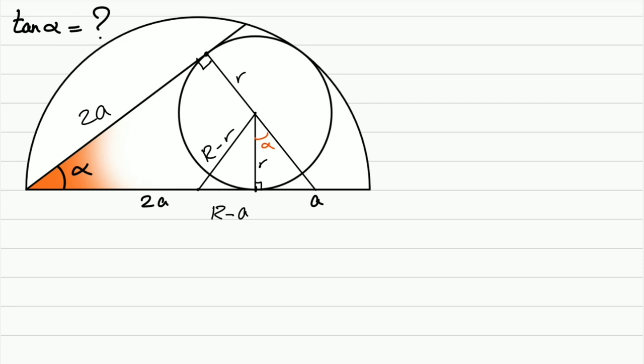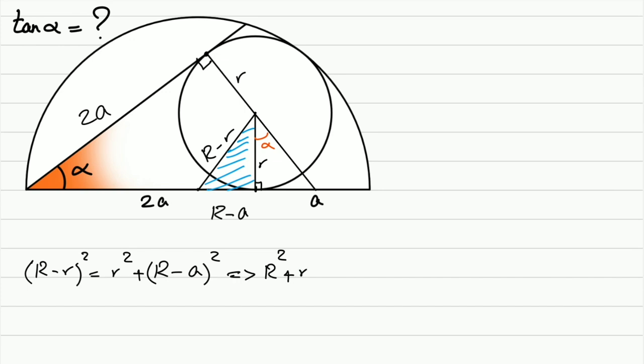Alright, so Pythagoras for this right triangle. The hypotenuse, R minus r, I'm just going to call both of them r. Quantity squared is equal to r squared plus R minus a quantity squared. Let's expand it. On the left side we have R squared plus r squared minus 2 times R times r, small and capital.